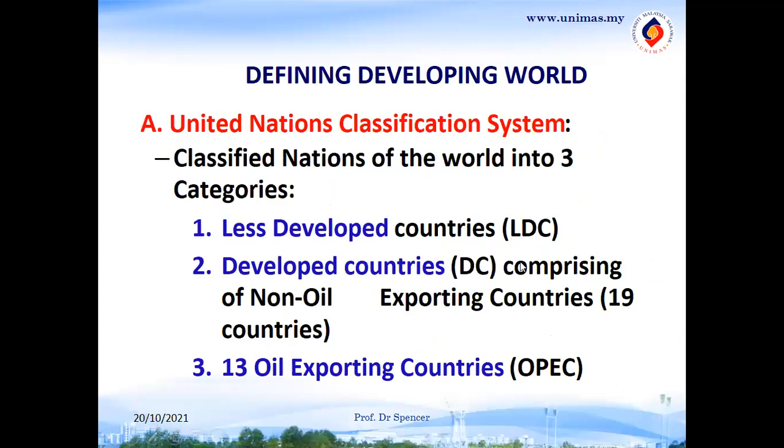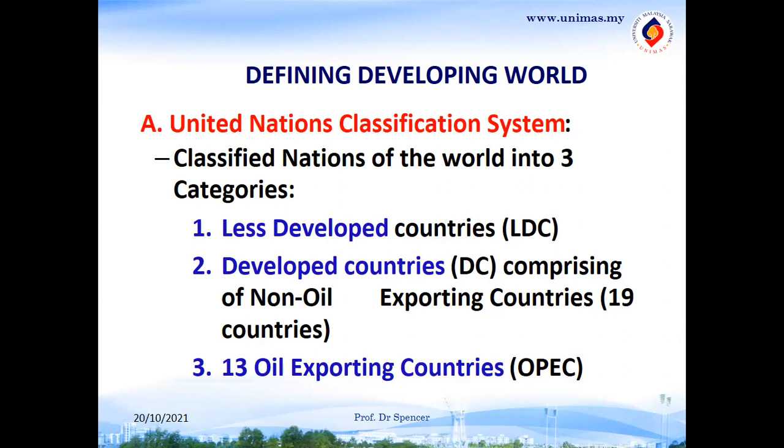Right. Defining the developed world. First of all, the United Nations classification system classified nations of the world into three categories. The first one is the less developed countries, ataupun LDC.